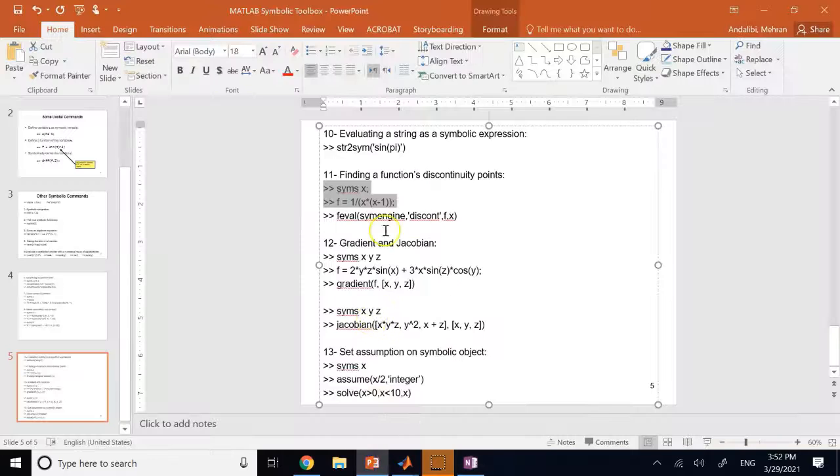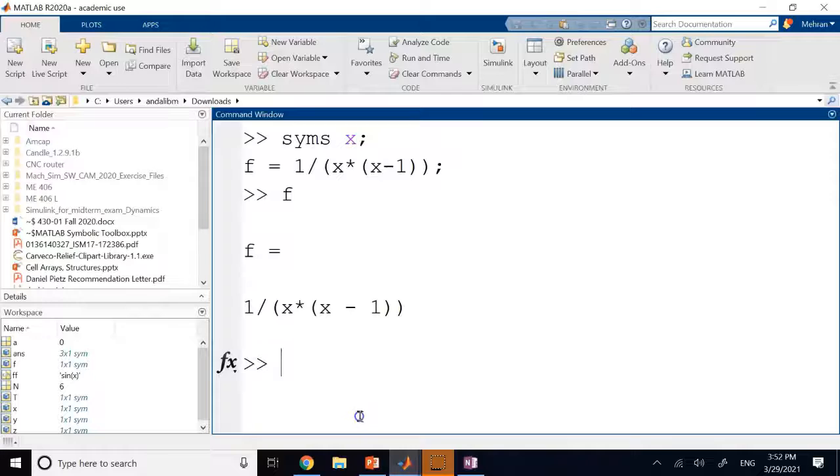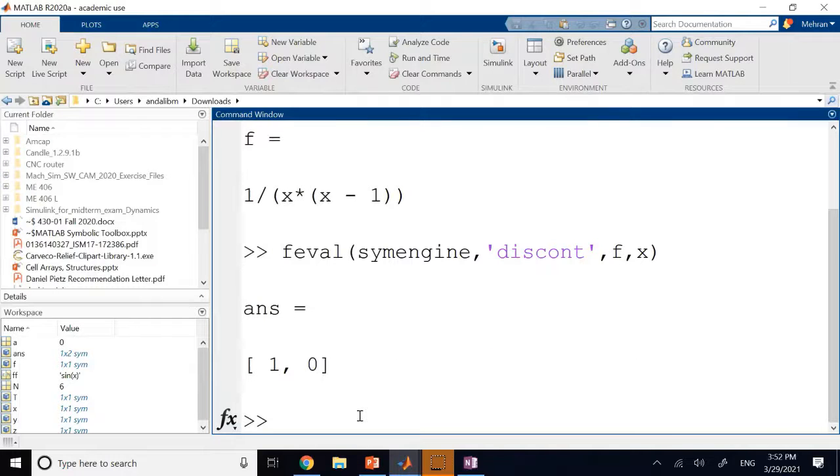So the way to go about it is you have to say f eval sim engine discontinuity f and x. What is that sim engine? Anybody has any idea? And it tells you at x of 0 and at x of 1, that function goes to infinity, which you know it does.